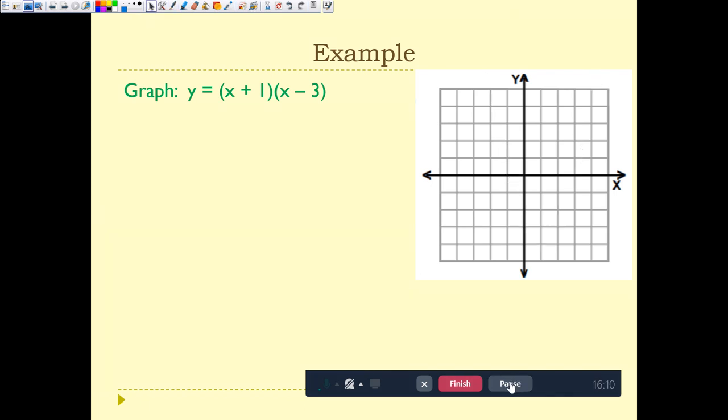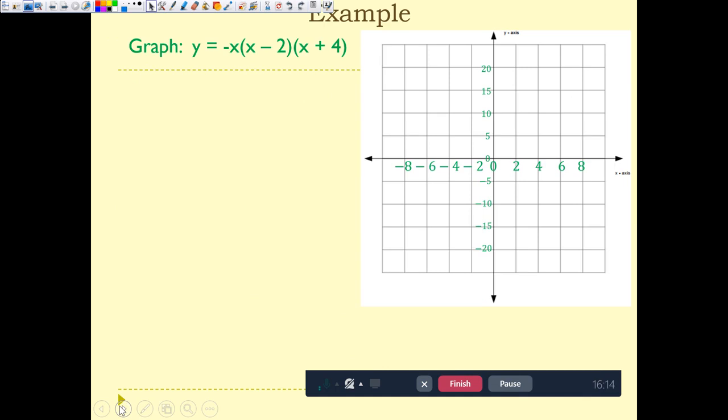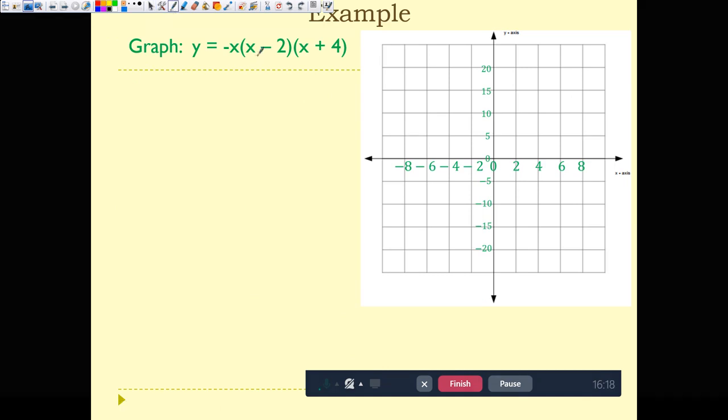Okay, so I have 3 x's here. 1, 2, 3. So 3 x's means that this is going to be x to the 3rd. So that's going to be how many turning points? 2. 1 less than the degree. So 2 turning points.